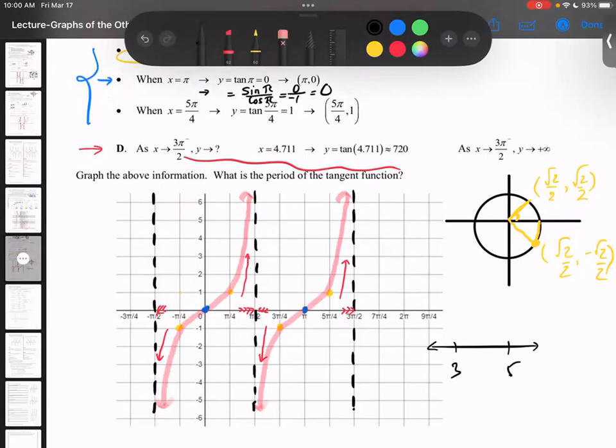How do you get 2? 5 minus 3, right? So if I ask you the distance between the two asymptotes, same thing: you take the second point, pi half, subtract negative pi half, just like you take 5 and subtract 3.